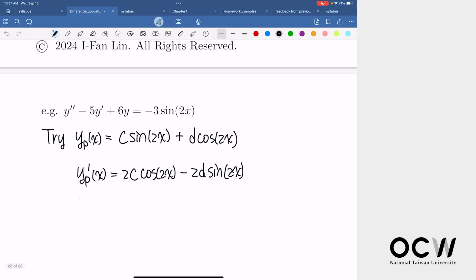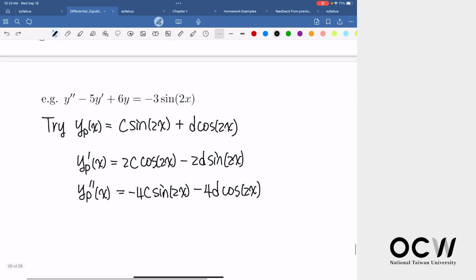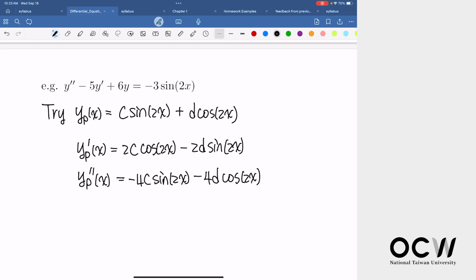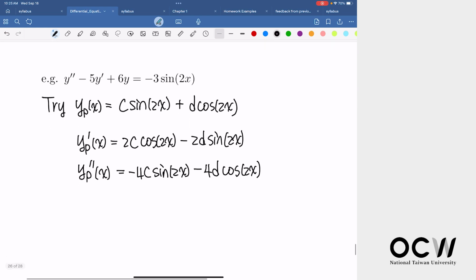And then y double prime, you have minus 4c sine 2x, here minus 4d cosine 2x.